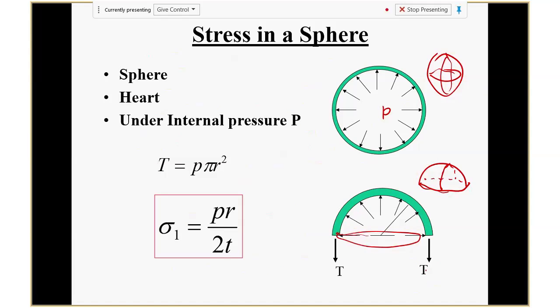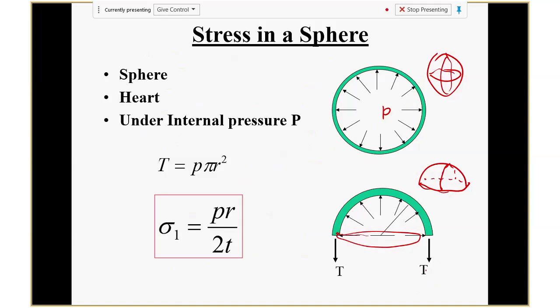So now we have this stress for a spherical shape. Anyone notice how this equation is different from the one for the tube? You have a 2 at the bottom there.